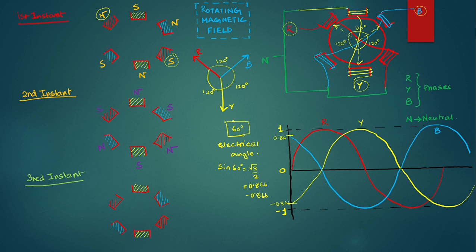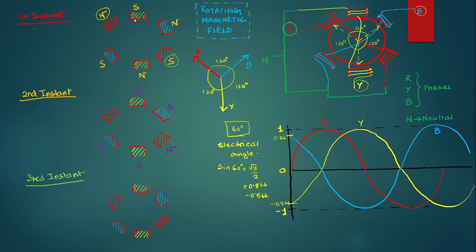Now in the second case, that is the Y phase. See, the Y phase is 120 degrees apart. So the Y phase starts from here, and it is in the negative half cycle.